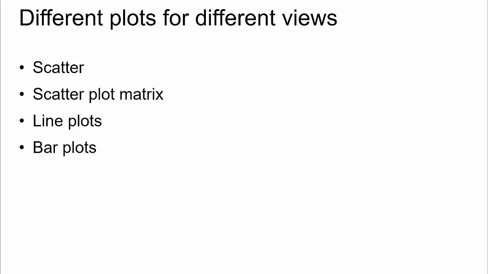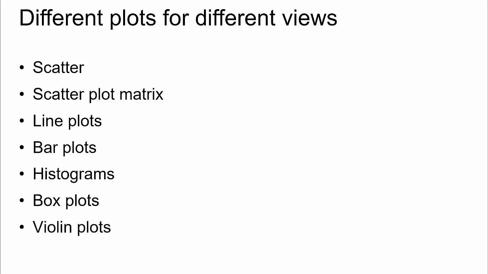Bar plots, histograms, which we've talked about, and also a relative of bar plots, box plots, which we've used already, and another relative of the histogram and the box plot, the violin plot. And finally, QQ plots, where you can look at quantiles of a distribution to get some idea of a fit to a distribution or something like that.